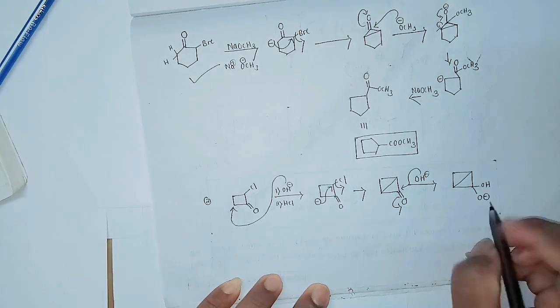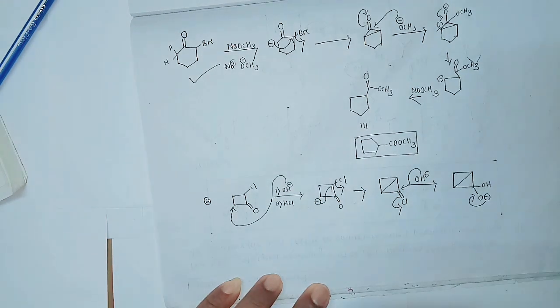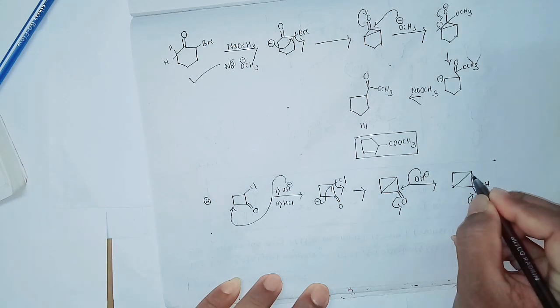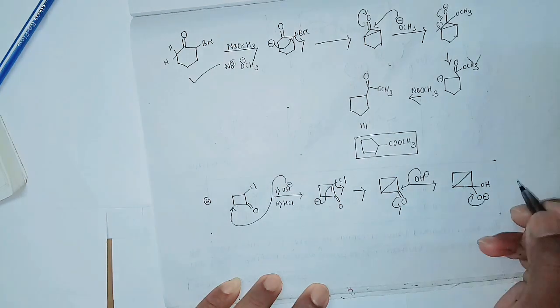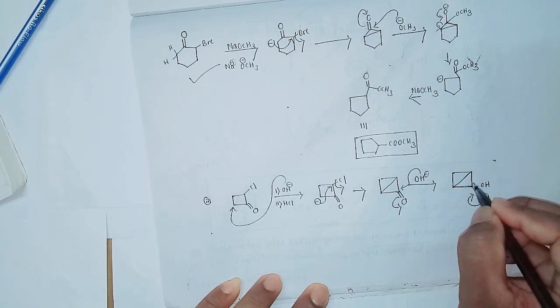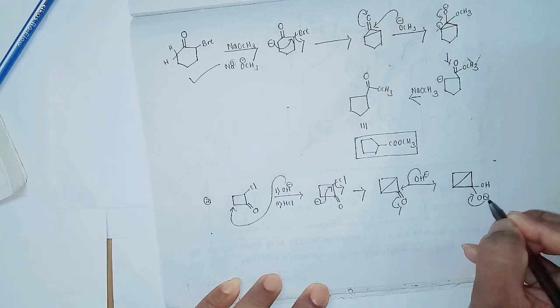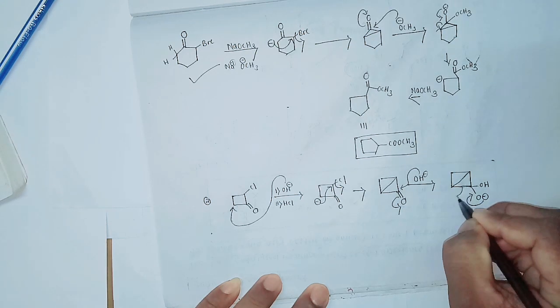Again this negative charge shifts towards this side, then one cyclopropane ring will be opened. For example, this double bond shifts towards this side, then this bond shifts towards this side.